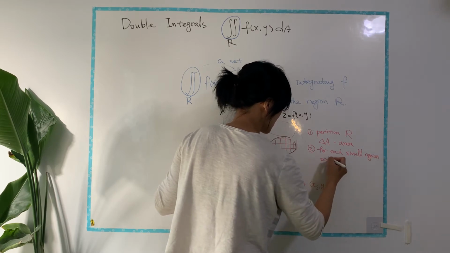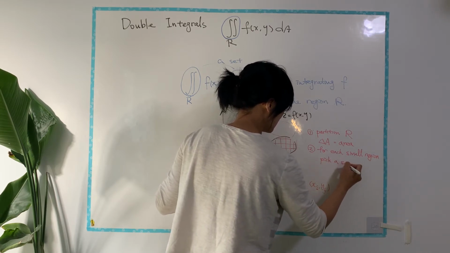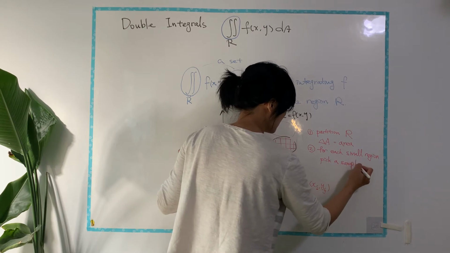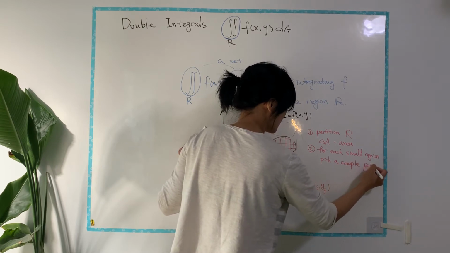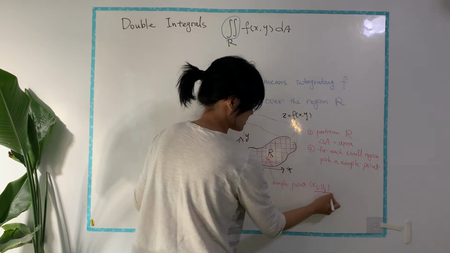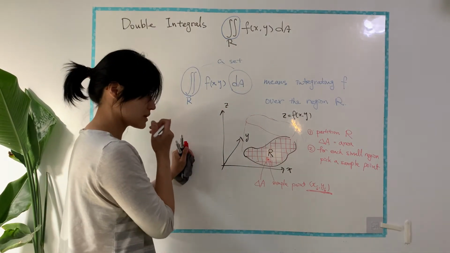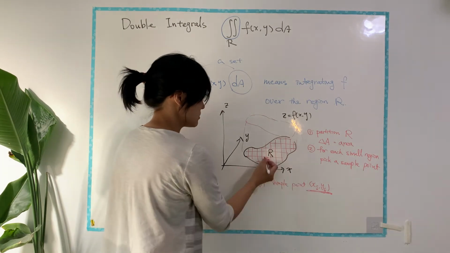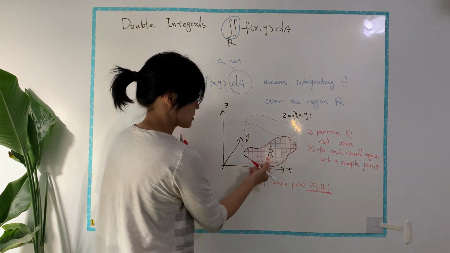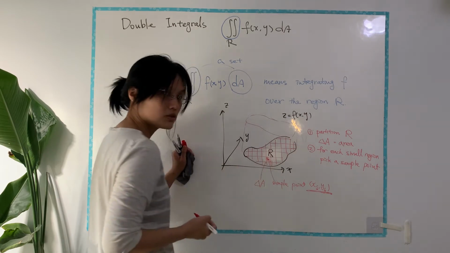For each small region, we pick a sample point. I don't care where or how you choose it. I just want this point to be sitting inside its corresponding small region.